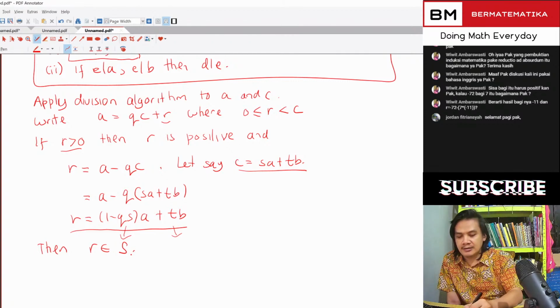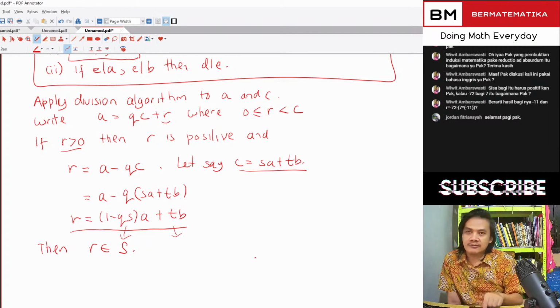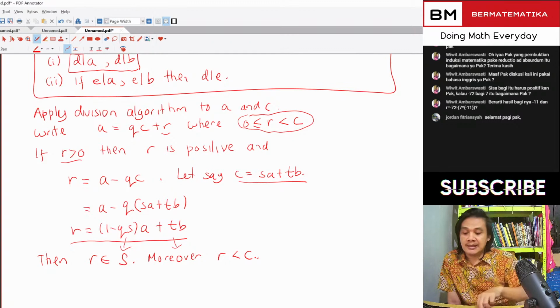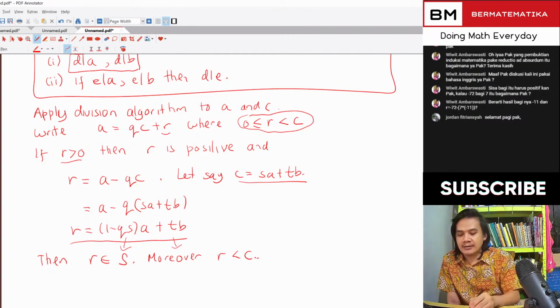Let's see here. Moreover, R is smaller than C, right? But can we have such an R?